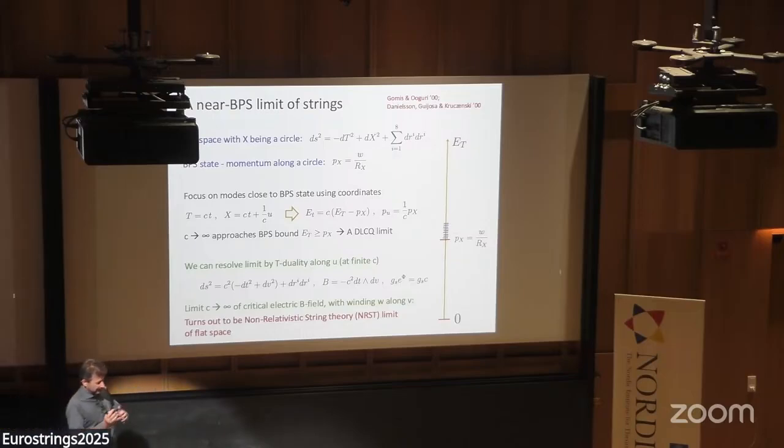And here you can actually, as I will show you in a moment, make sense of the geometry. The point is just, it's not geometry as we know it, but it's a non-Lorentzian geometry. So basically, zooming into this BPS point gives you non-Lorentzian geometry, and that's also what Siggy was telling you.